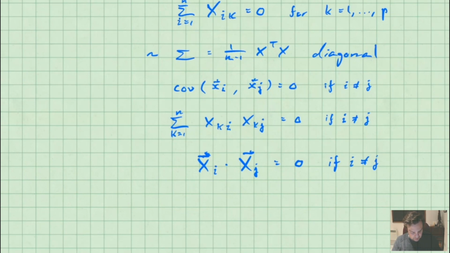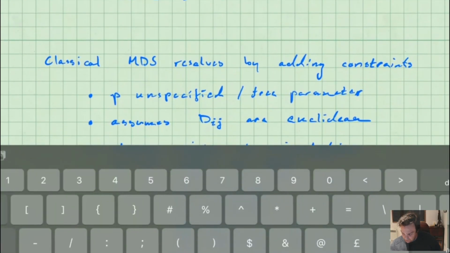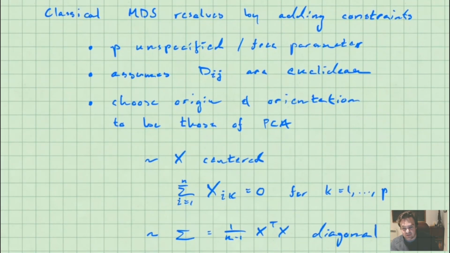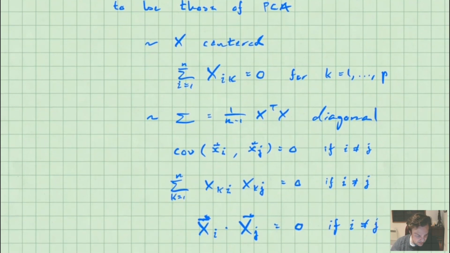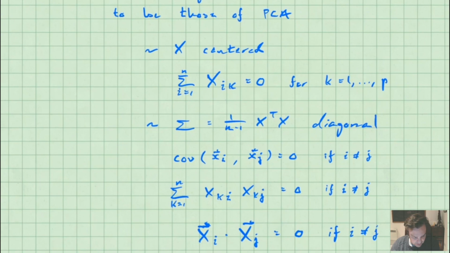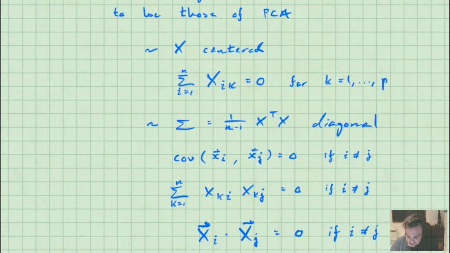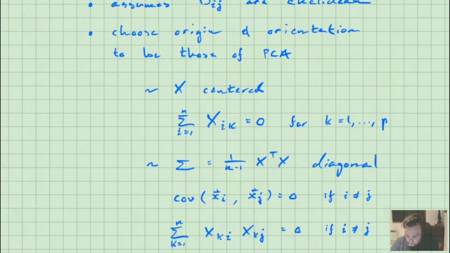So those are 3 different ways to say the same thing, or 4 different ways, I guess. These are a bunch of different constraints, and this is what classical multidimensional scaling does. I hope you can see that the reason for the name principal coordinate analysis comes from this fact.